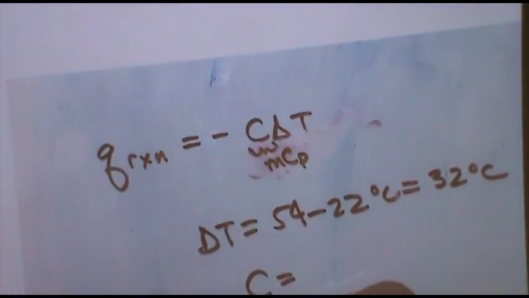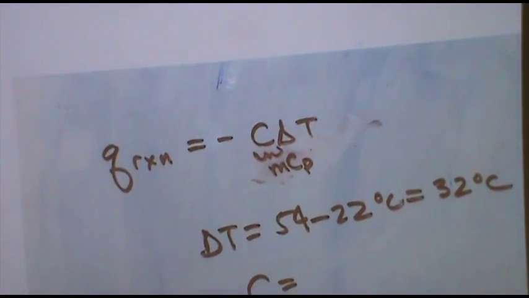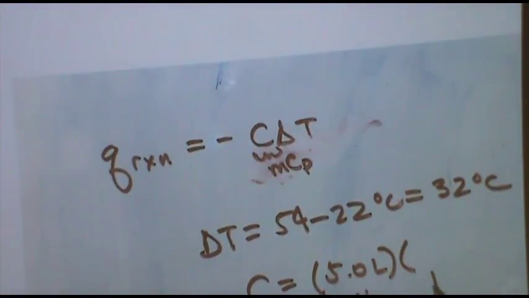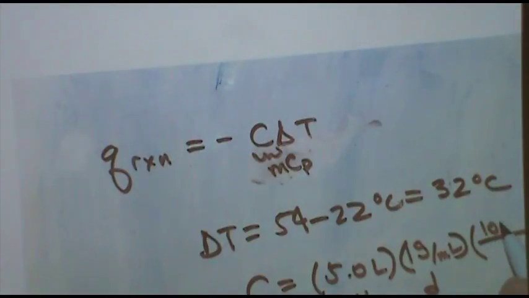So MCP for that capital C is equal to the mass of water. You're not given that, but you know it's 5 liters. So I'm going to use the volume times the density, 1 gram per milliliter. And I need to convert the volume units, 1,000 milliliters per liter.